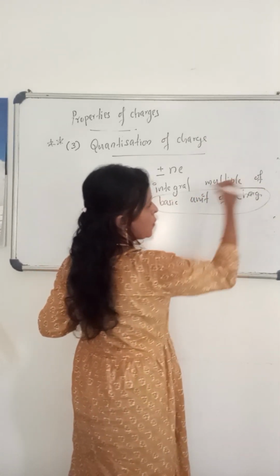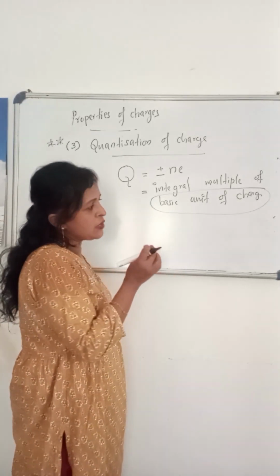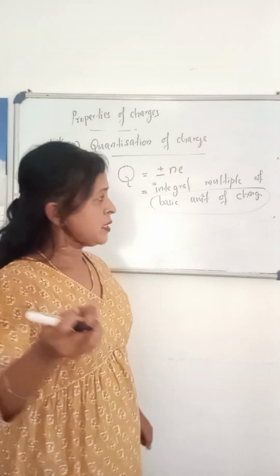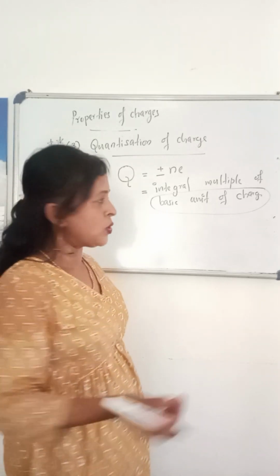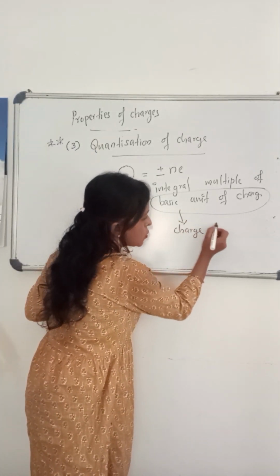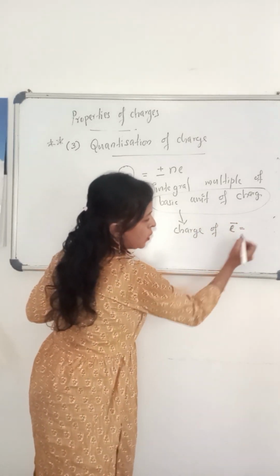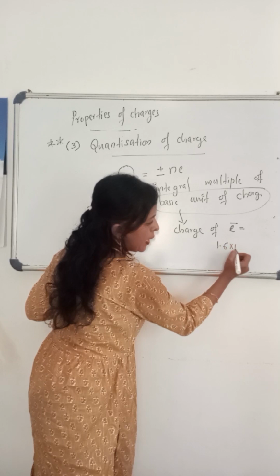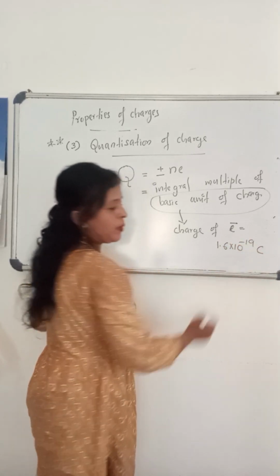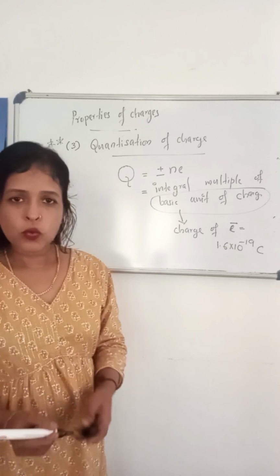It is the smallest unit of charge which can be seen independently in nature, that is the charge of electron, e, and it is equal to 1.6 into 10 to the power of minus 19 coulomb. That is a very small quantity, 10 to the power of minus 19 coulomb.